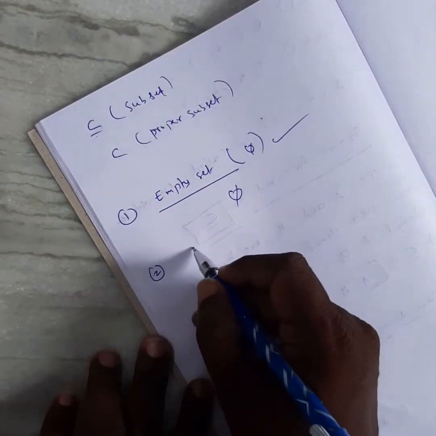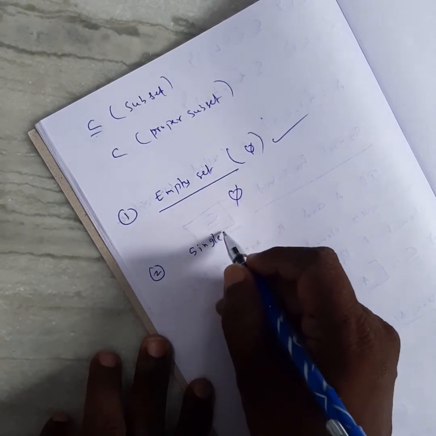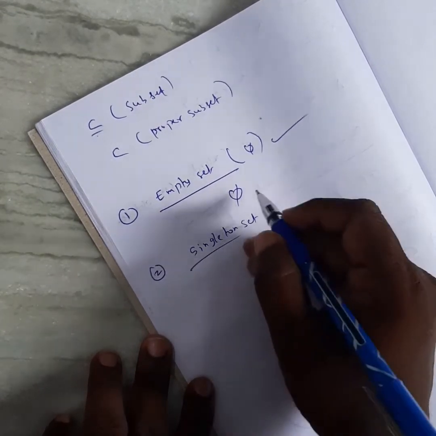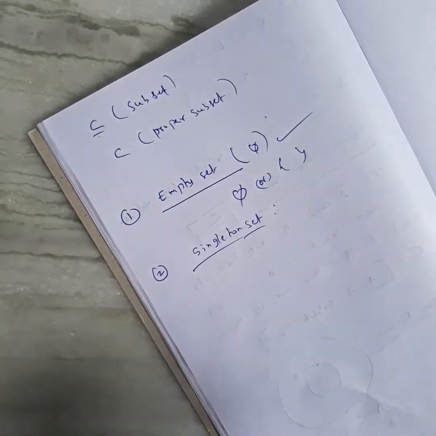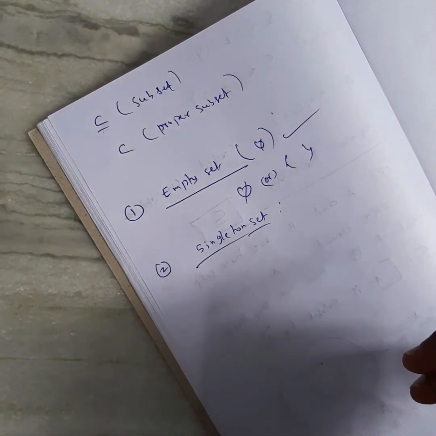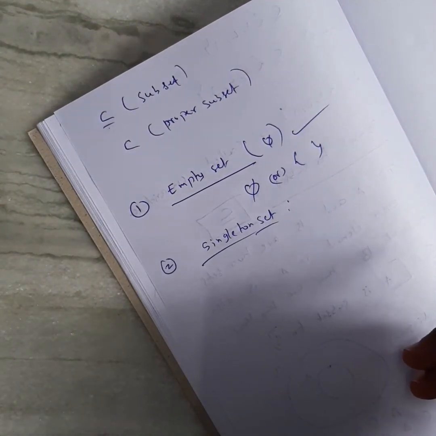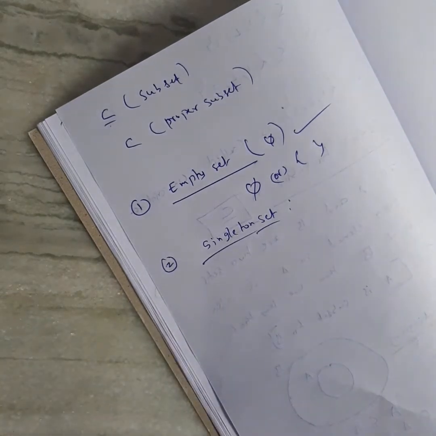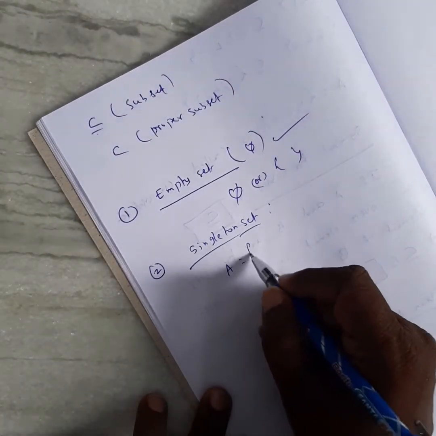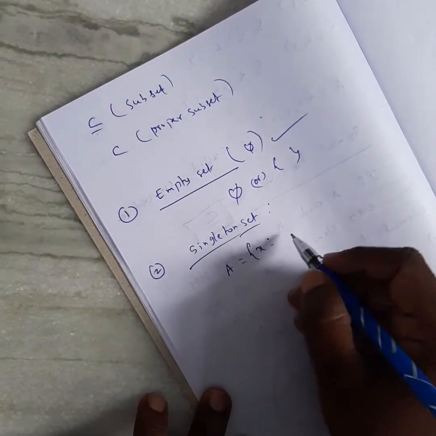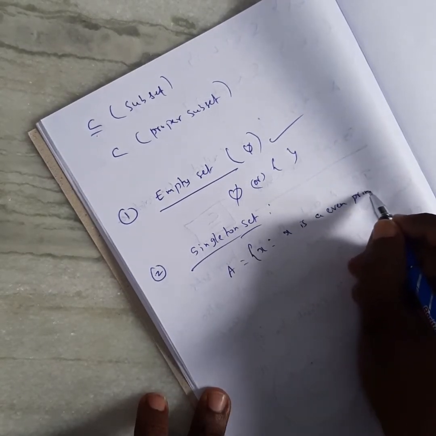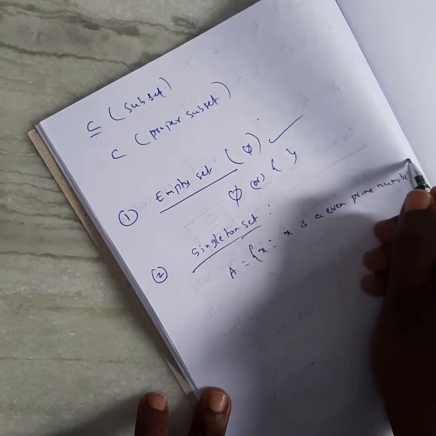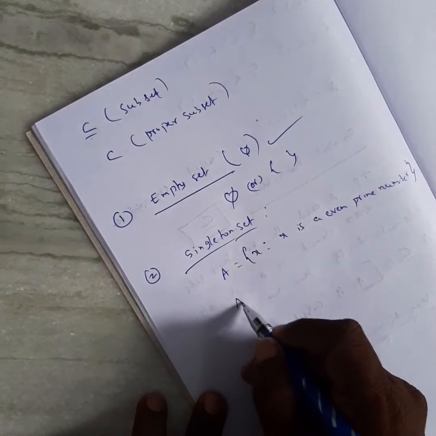Next, the second one, singleton set. The empty set is denoted by phi. Singleton set, the name itself says single. A set which contains only one element is called a singleton set. For example, A is equal to {x such that x is an even prime number}. You know what the even prime number is? Only one number is there.